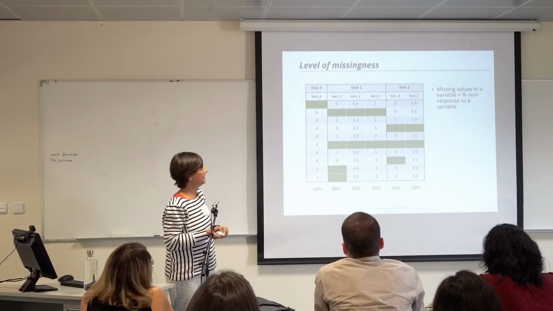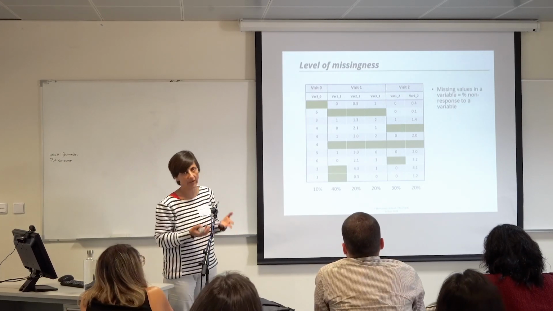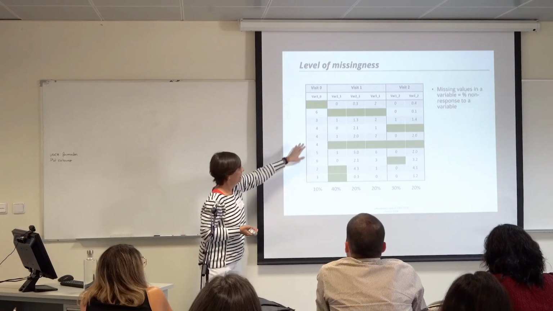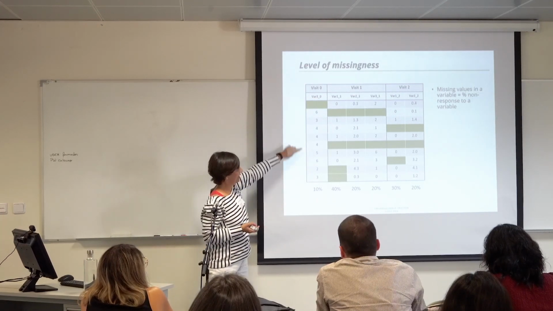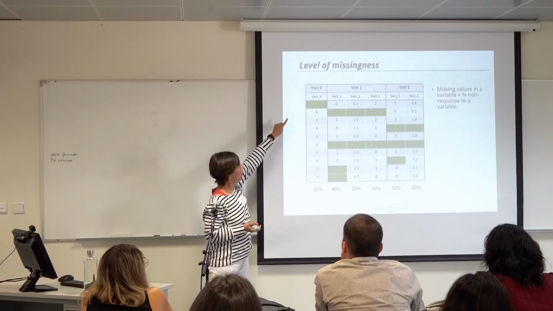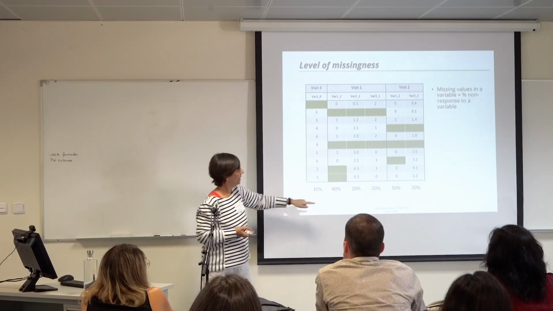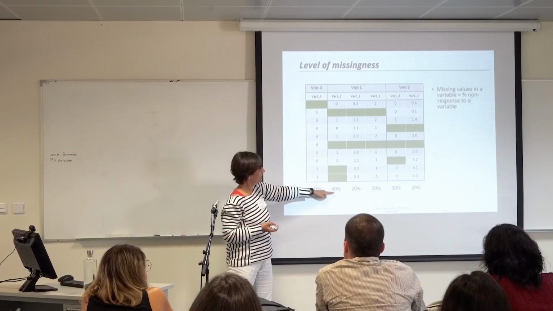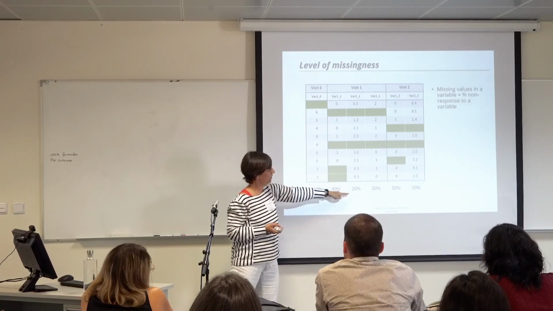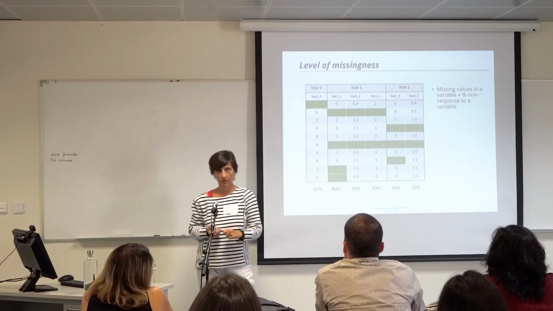Then is the level of missingness. It depends on the variable, of course, but here we have 10 patients in my study. In variable 3, one is missing, so we have 10% of missingness. In variable 1, in the first visit, we have 40%, 20%, 20, 30, 20, okay?